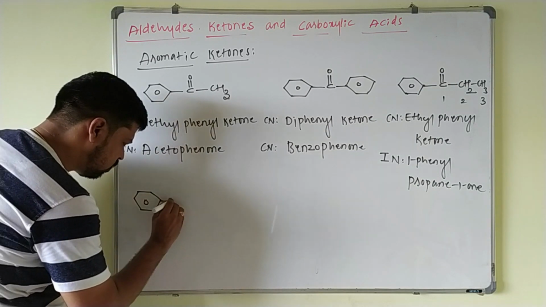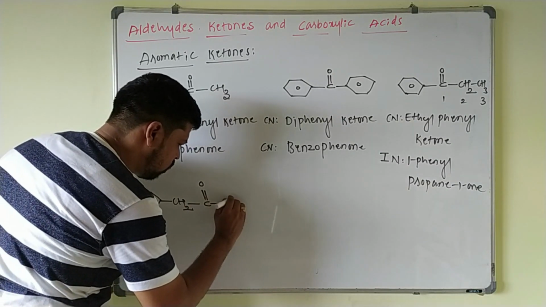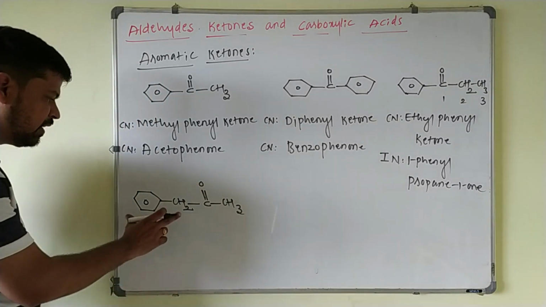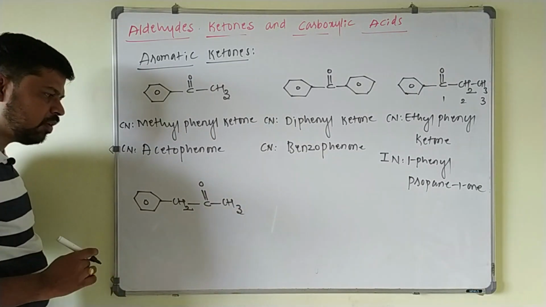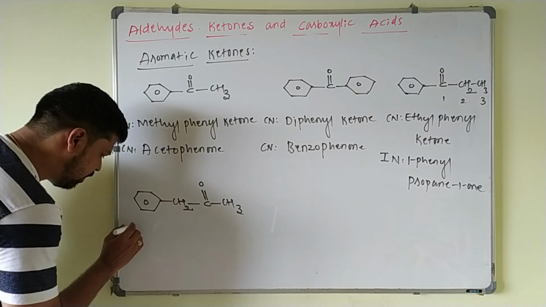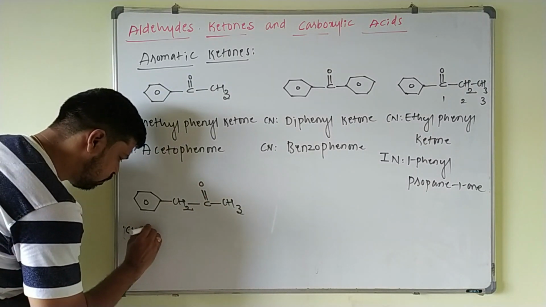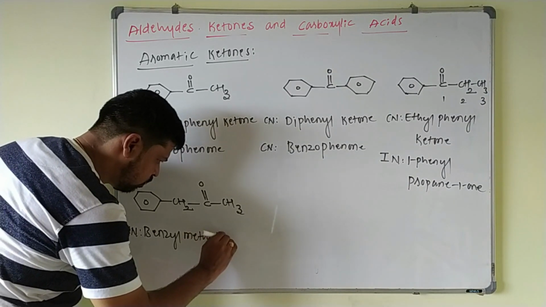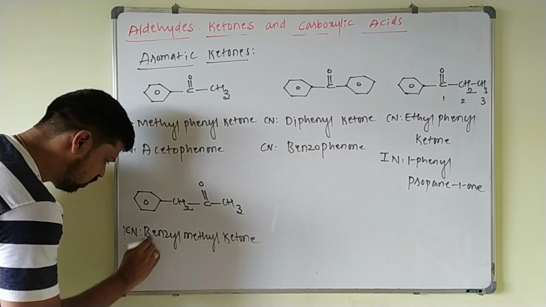Next example, we can write CH2, C double bond O, CH3. This is a methyl group and this is a benzyl group. Benzene with the CH2 group is benzyl, and this is methyl. Which comes first in alphabetical order? Benzyl. So the common name for this one is benzyl methyl ketone. Then the IUPAC name is also written for this compound.